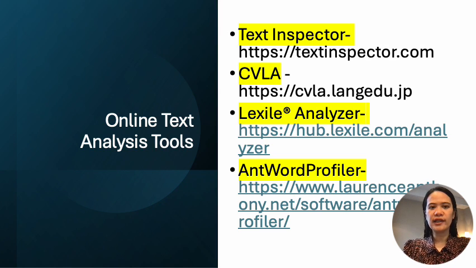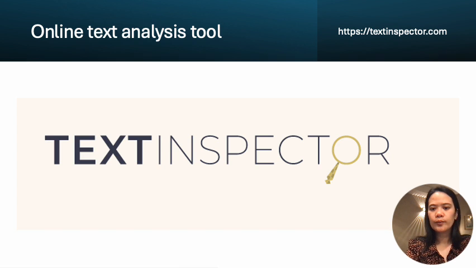Here are the online text analysis tools used in the study: Text Inspector, CVLA, Lexile Analyzer, and AntWord Profiler. First, Text Inspector. With Text Inspector, you can use it for free for up to 250 words.